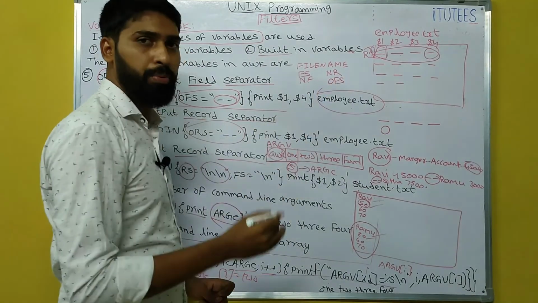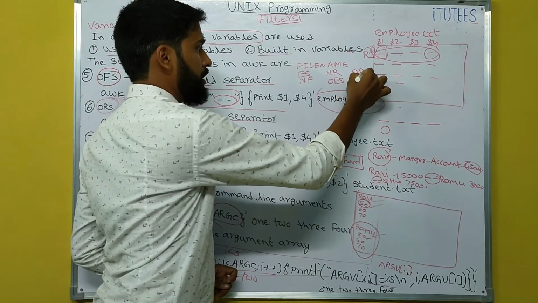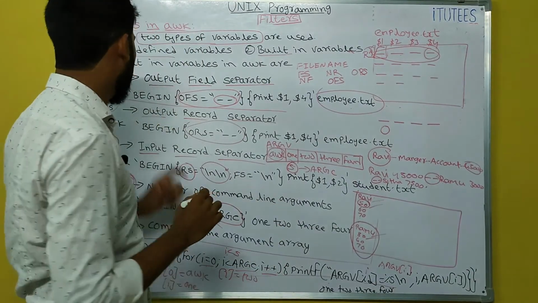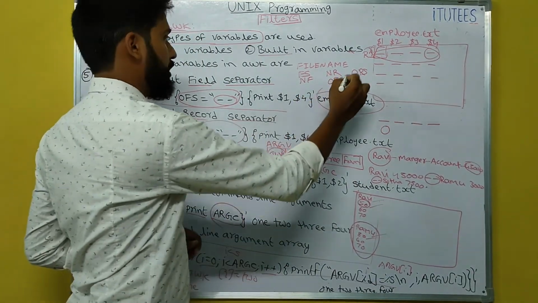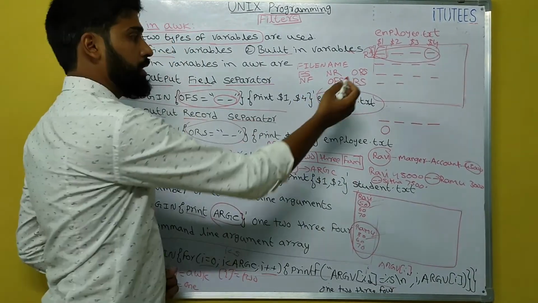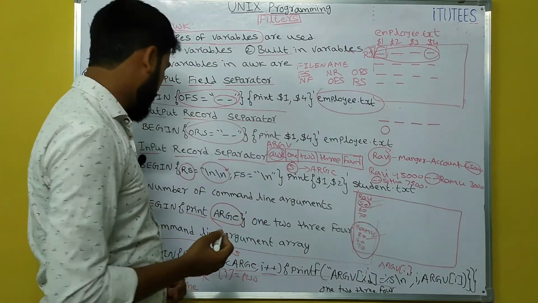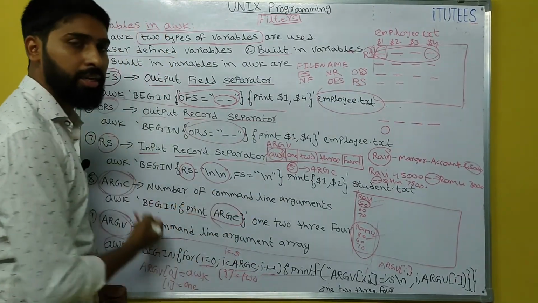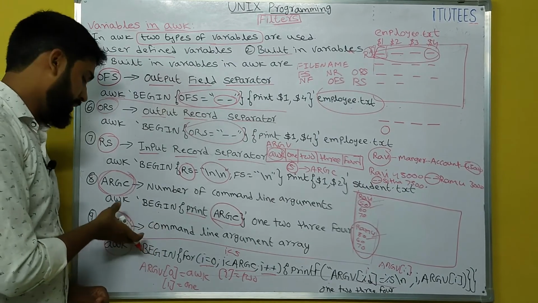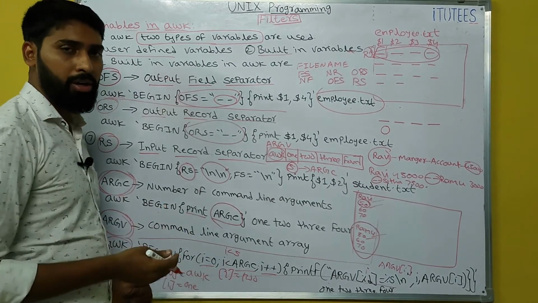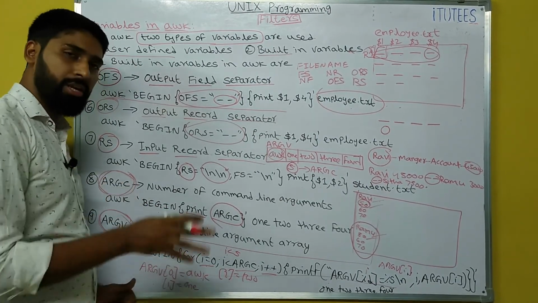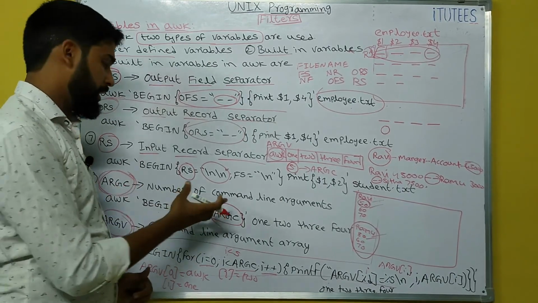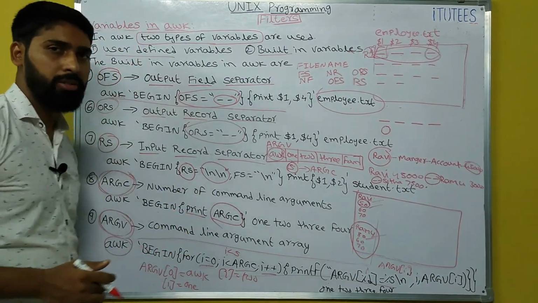OFS, output field separator. ORS, output record separator. Next, RS, input record separator. ARGC and ARGV are used to store command line arguments. ARGV is the array. ARGC means the number of command line arguments.